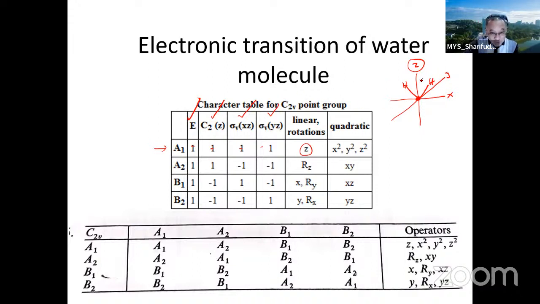C2, so you rotate the molecule 180 degrees along the Z-axis, right? It doesn't change at all. So it's 1. You do a mirror, so you reflect on the XZ plane. You know, this is the X and this is the Z. So you can imagine there's a mirror cutting through the H2O. The sign doesn't change as well. So it's 1 as well.